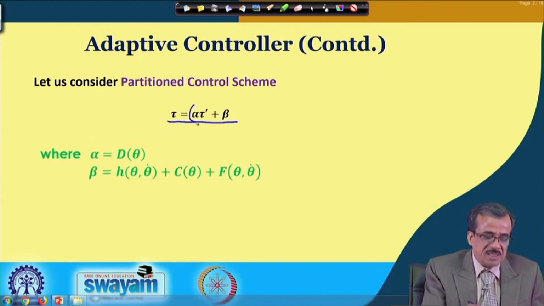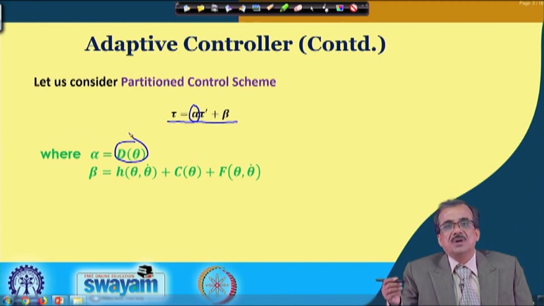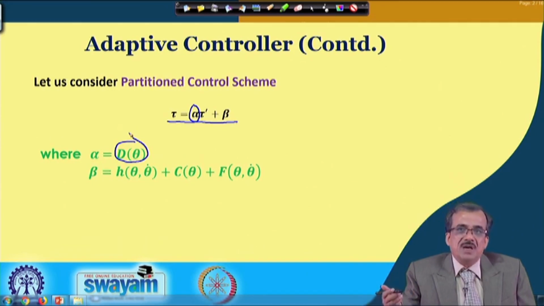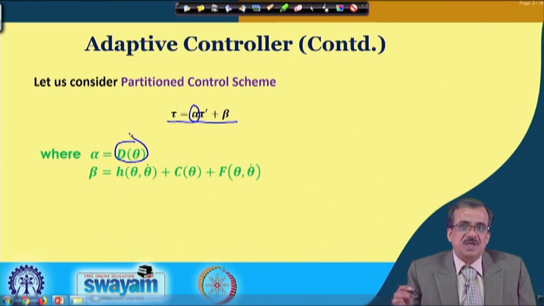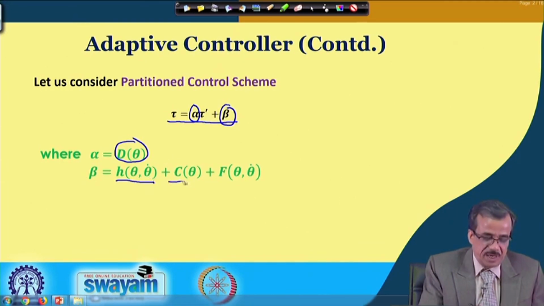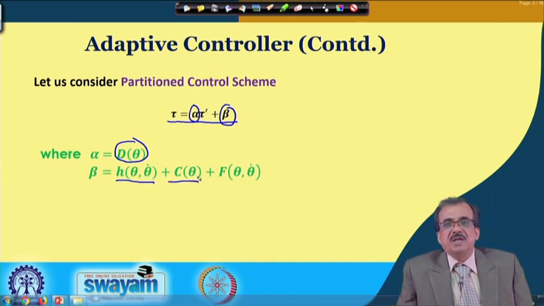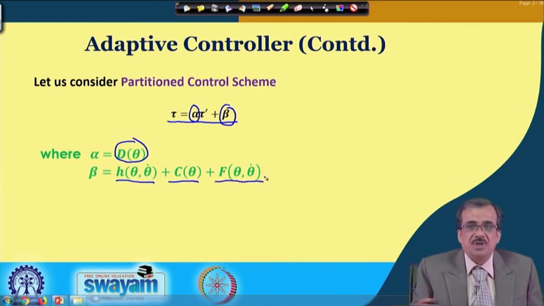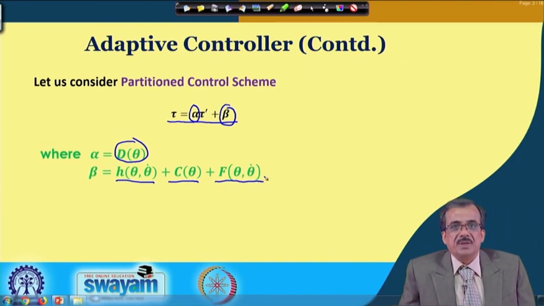Now this alpha is the inertia term, that is D(theta), which depends on the cross section of the robotic link and on its moment of inertia. I am not going into detailed discussion on this. Then beta is the Coriolis component, followed by the gravity term, which depends on the acceleration due to gravity, and f(theta, theta dot), which is the friction term.